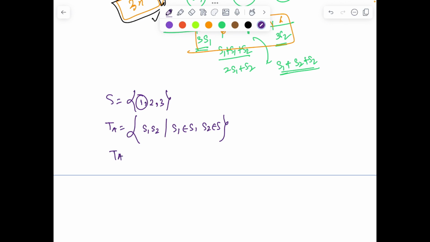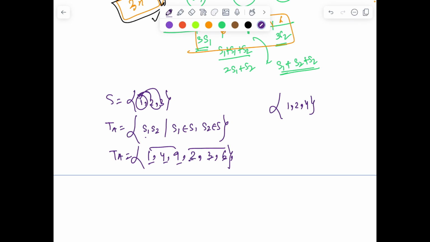If I define TA now according to that rule, 1 into 1 will give 1, 2 into 2 is 4, 3 into 3 is 9. Then I can take combinations: 1 into 2 is 2, 1 into 3 is 3, and 2 into 3 is 6. There is no other way, right? 1 with 3 is already there. So the number of elements that I can create is 1, 2, 3, 4, 6 and 9. So we have 6 elements.